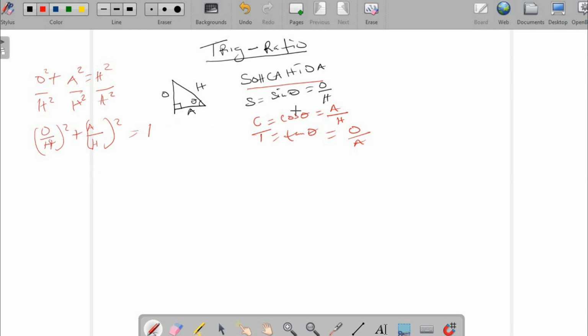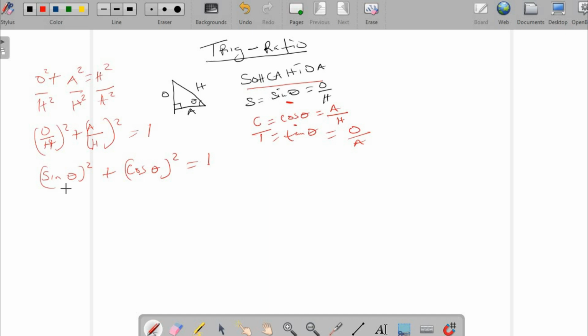O over h is sine, so the whole of this place is sine theta, squared. That's how we got it. Plus A over h, which is cos, so cos theta, squared, is equal to 1.